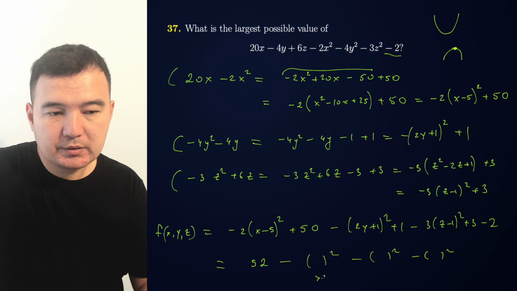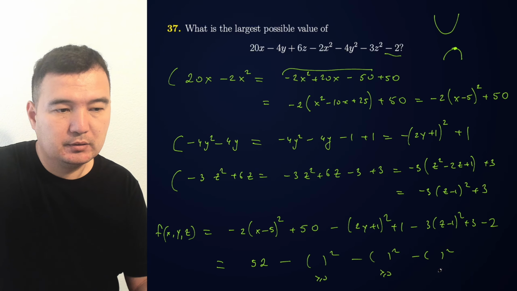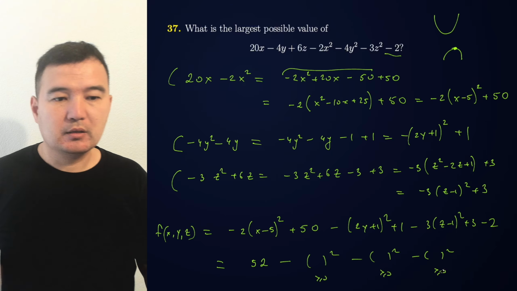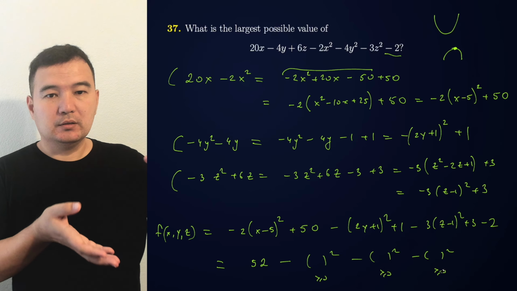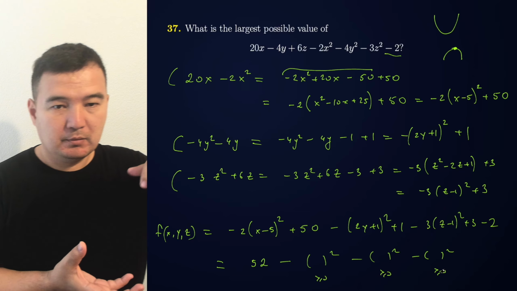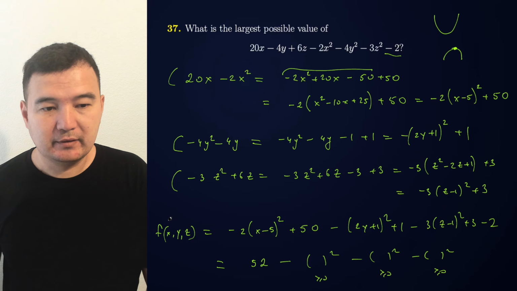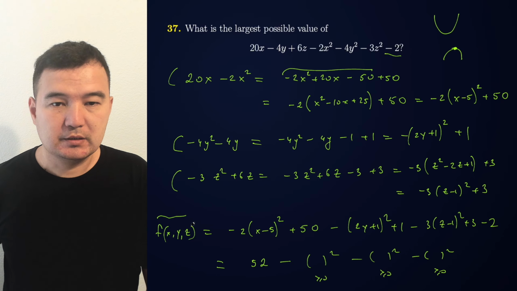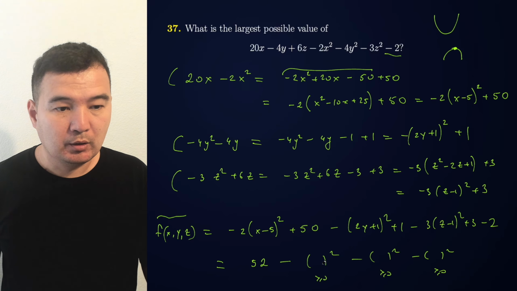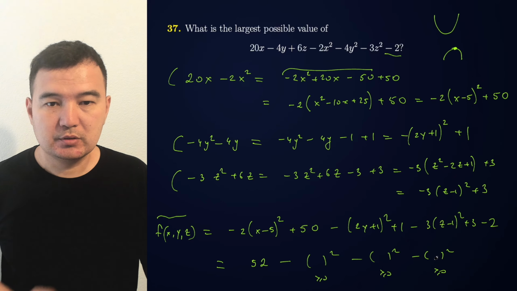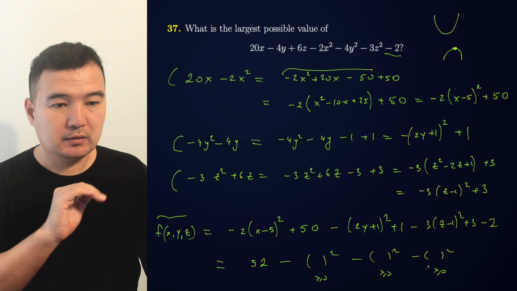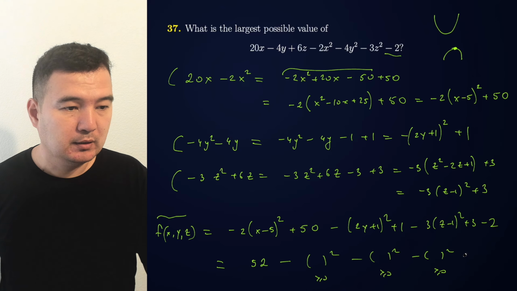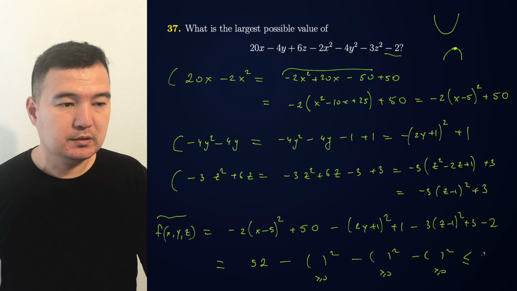These squares are positive, at least 0, right? Which means they are all contributing downwards, making the value of the function less. If I make all of them 0, the contributions will be 0. So you cannot make it more than 52. The maximum of this function is 52.